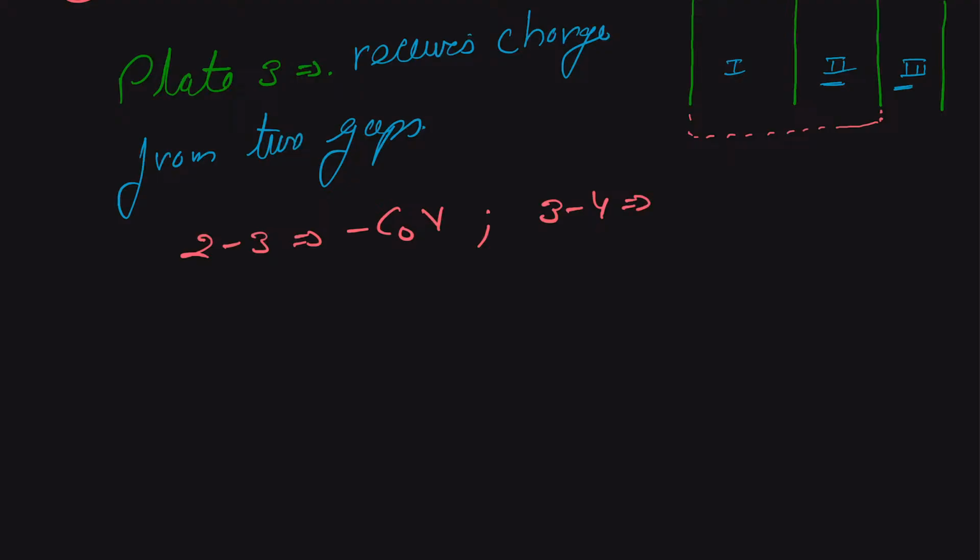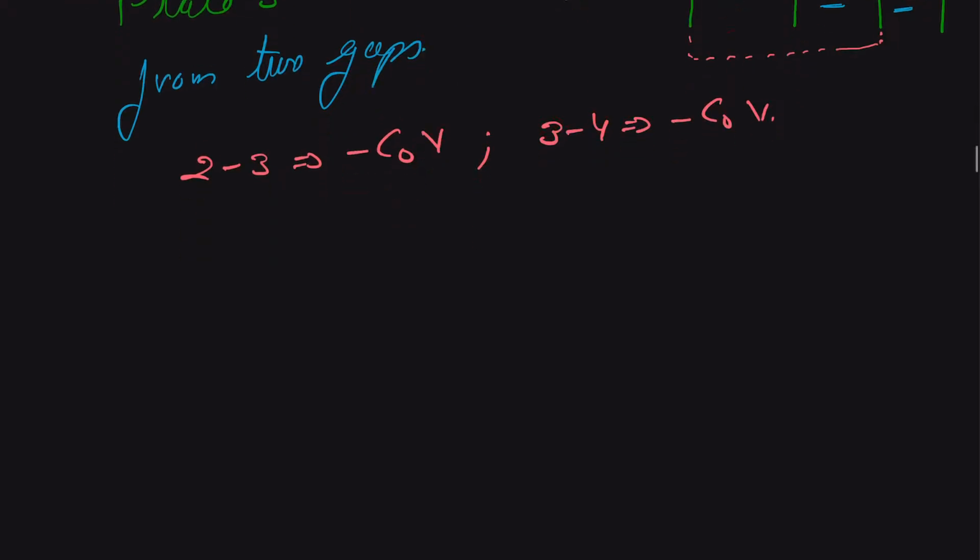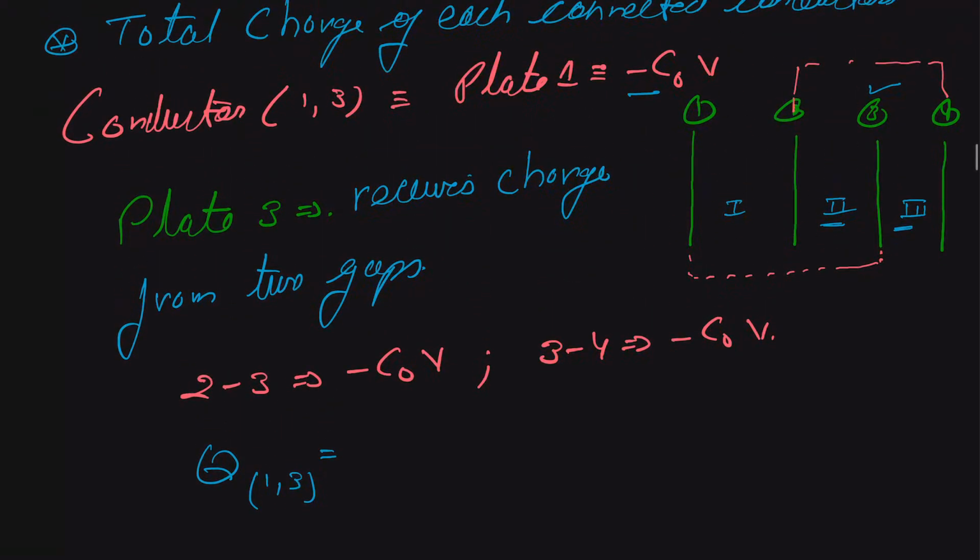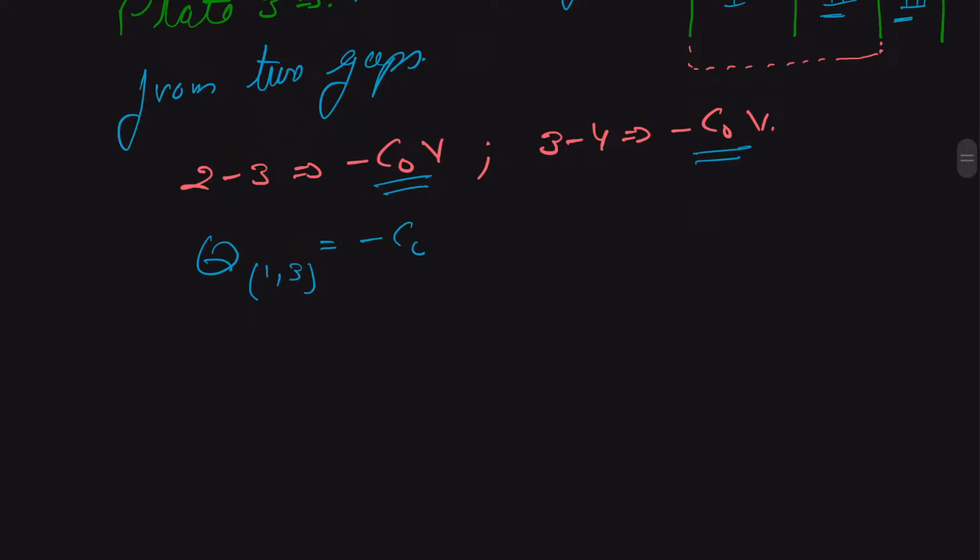It will also give us minus C naught times V. So the total charge between our 1 and 3 will be minus C naught V, minus C naught V, and minus C naught V, giving us minus thrice C naught V.